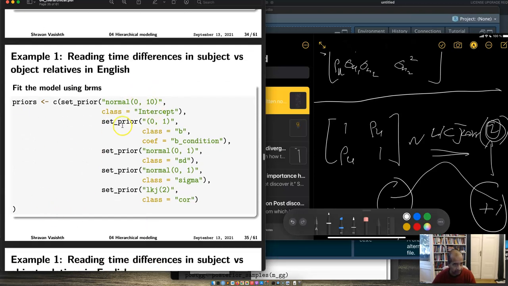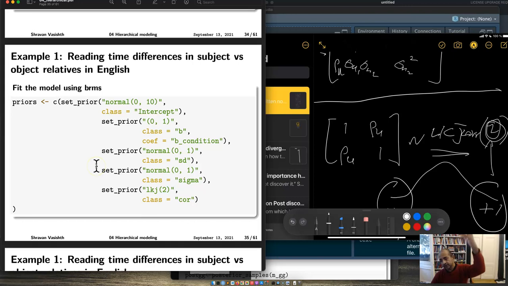The specification is easy now, right? You set up the intercept and the slope priors, and the standard deviations and the sigma are truncated normals. brms knows to truncate this, so you never actually say this explicitly, but as soon as you say standard deviation or sigma, that ensures that you have a truncated normal, right?